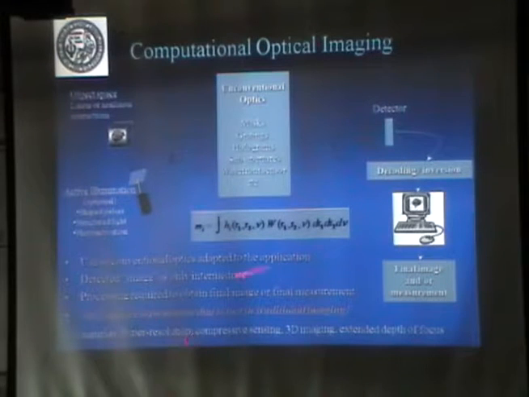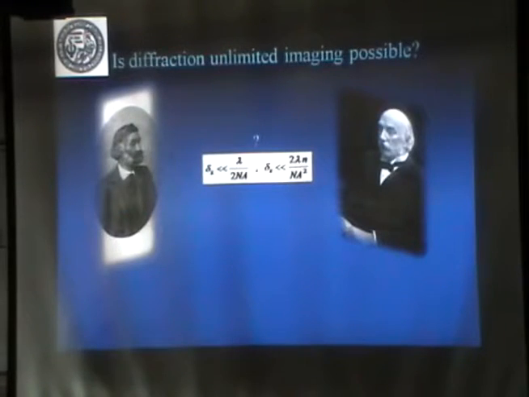For example, super resolution, which is what we are talking about today. You can do 3D imaging, create images with no defocus that are all in focus, and things like that. This is a bit of a philosophy thing, but you're going to see later how this applies.